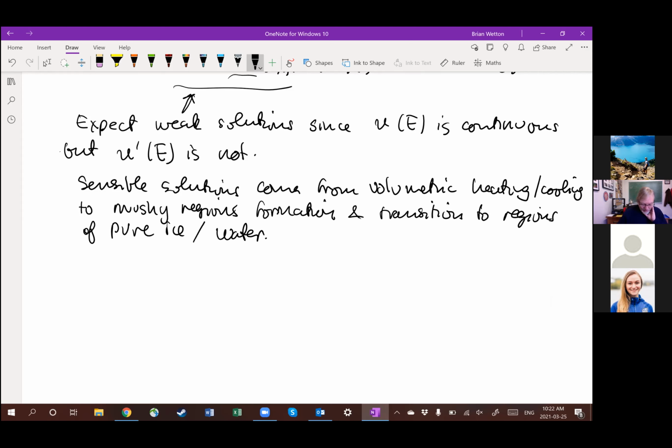And there's a capturing computational method based on this formulation.